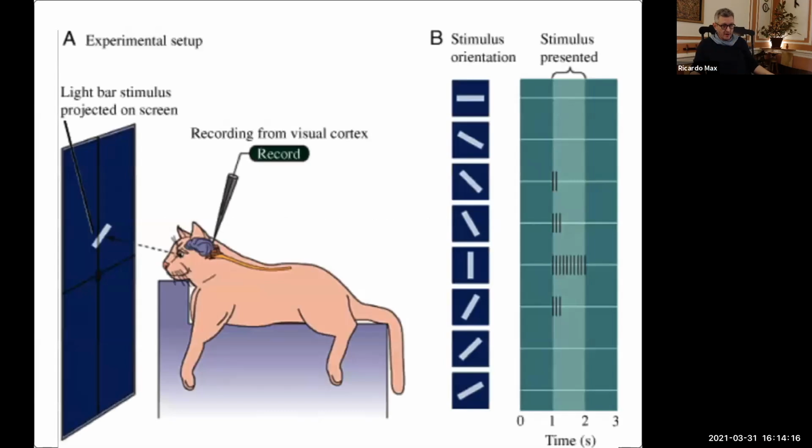That's what they did. They probed the visual cortex, the V1 area, in an anesthetized cat, and they showed bar lights in different orientations moving around the receptive field of a single neuron in the V1 area of the visual cortex.